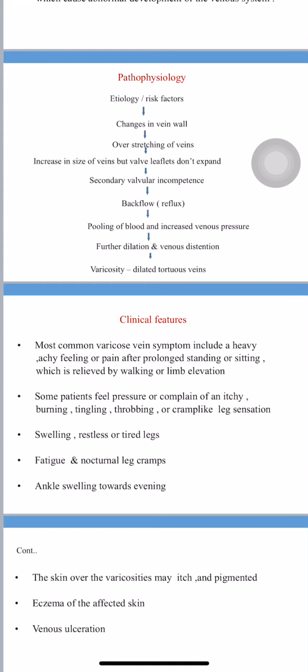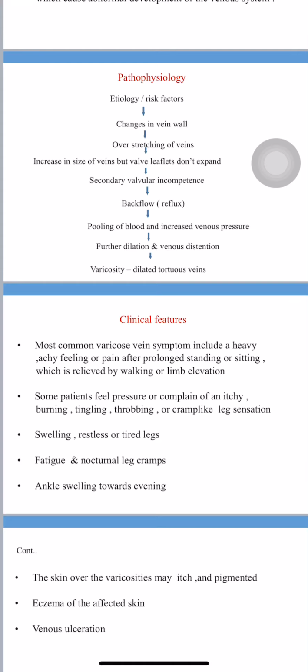So this is the pathophysiology of varicose vein. The etiological factors lead to changes in the vein wall, which leads to overstretching of veins, that is, increased size of the veins, but the valve leaflets are unaffected.